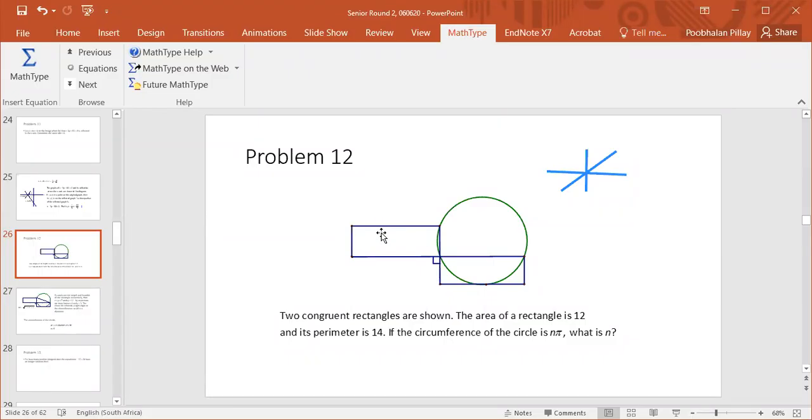You know the formula for the perimeter is 2 into length plus breadth, that is 2 into x plus y, because x plus y gives you half the perimeter. So you got another equation, 2 times x plus y is 14, which says that x plus y is 7. So that gives you two equations.